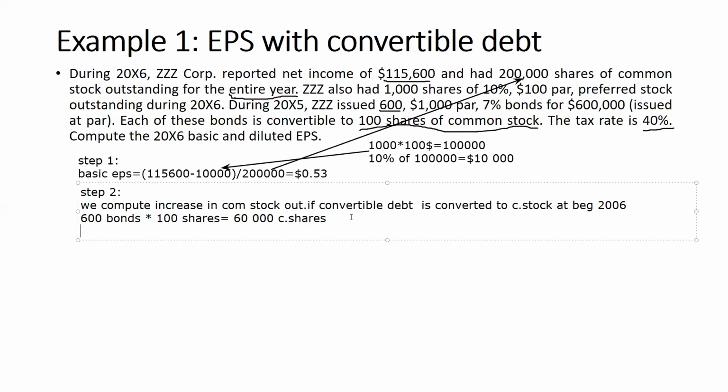So first of all, we need to compute the increase in income, because the bonds were converted and we don't pay any interest.